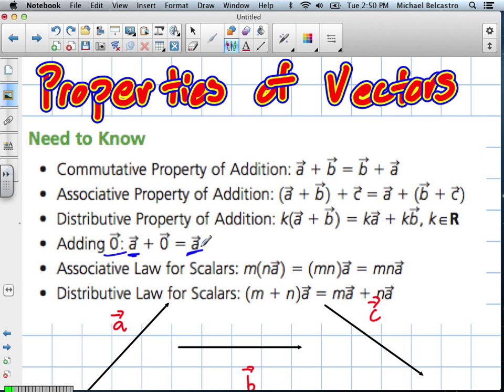There's no magnitude to that vector or direction, so we're just left with what we started with. And for scalars, same idea with multiplication. Whether we multiply the vector times the scalar first and then the outside scalar, or we multiply the two scalars and then the vector, we still end up at the same answer. And this is the same as the original distributive law. So we'll try to show that with vectors so these things make sense.